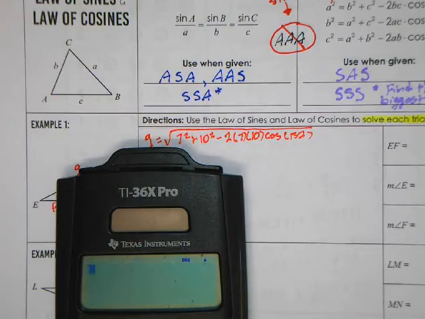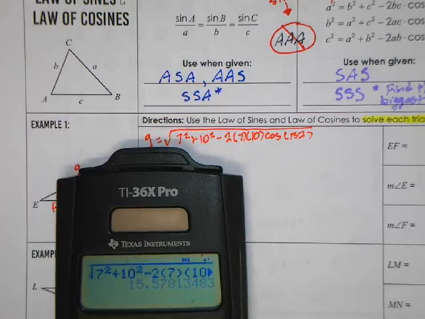If I say the square root of 7 squared plus 10 squared minus 2 times 7 times 10 times the cosine of 132 degrees, we get a side length of about 15.578.